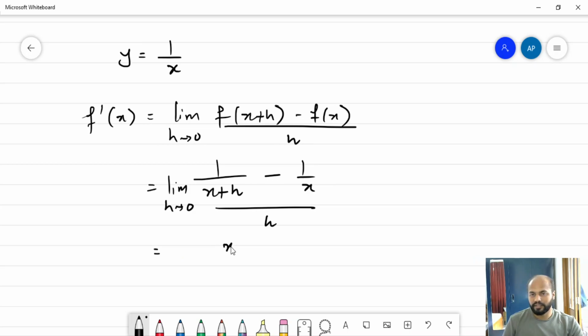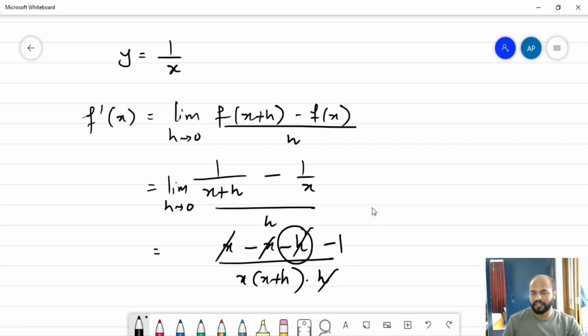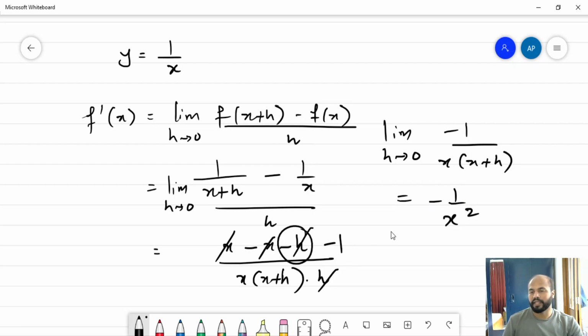Now when we simplify this, we are going to get minus h divided by x into x plus h into h. So you can clearly see that this and this will go. What will remain is minus h, and this will get cancelled with h. Now we have an expression like limit h tending to 0 minus 1 by x into x plus h. Put h as 0, then we get the final answer, that is minus 1 by x square.